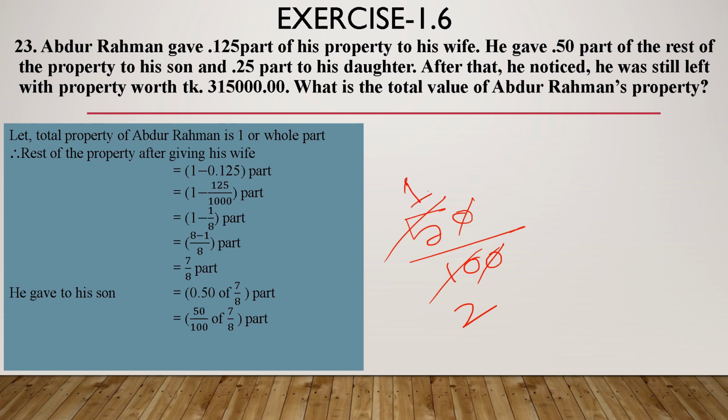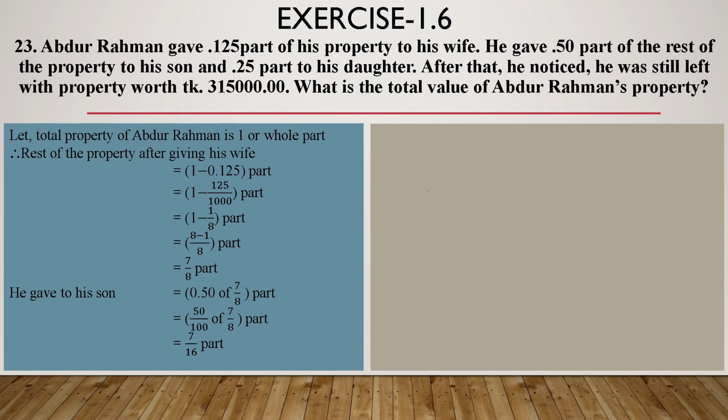So this is the reducing part, 1 by 2. Then we can write 8 2s are 16 and 7 1s are 7, so 7 by 16 part he gave to his son.